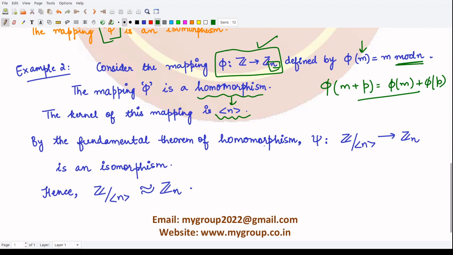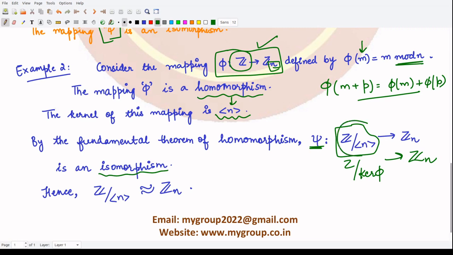So by the fundamental theorem of homomorphism, we can very easily define the mapping psi from the factor group, obtained by taking the kernel of phi, to this Zn, which is the group of integers under modulo n. We say this is an isomorphism. If this is an isomorphism, that means these two groups, this factor group and the group of integers under modulo n, are isomorphic to each other.